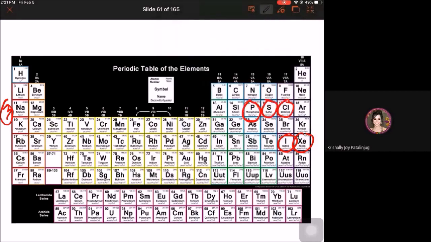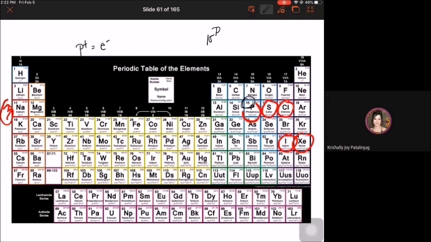Si phosphorus, di ba, it has 15 na atomic number, and recall na atomic number is equivalent to proton number, and for a neutral atom, equivalent lang yung proton number sa number of electrons. Therefore, 15 yung i-distribute natin na electrons sa orbitals ng phosphorus.